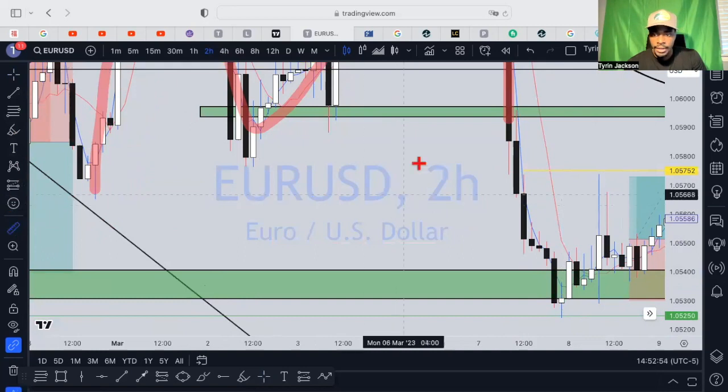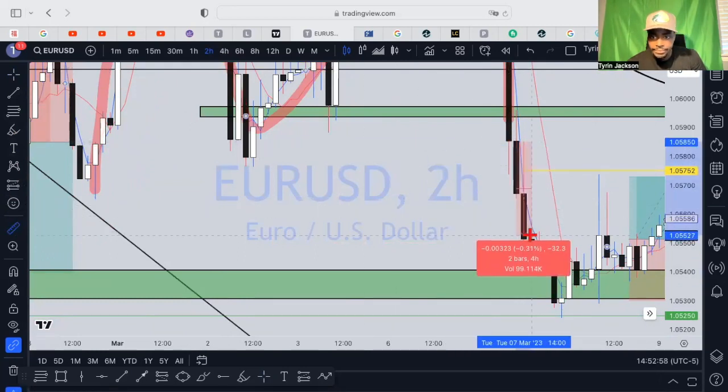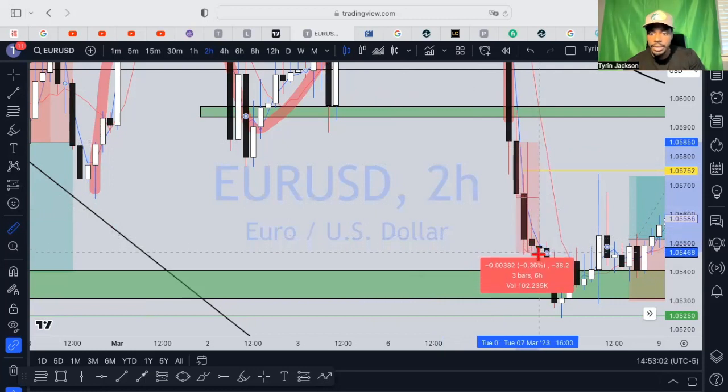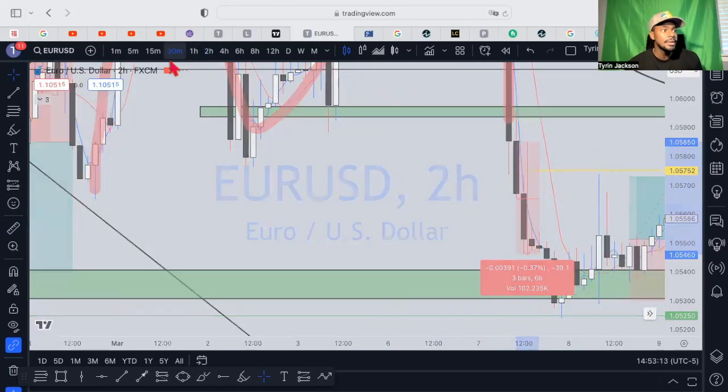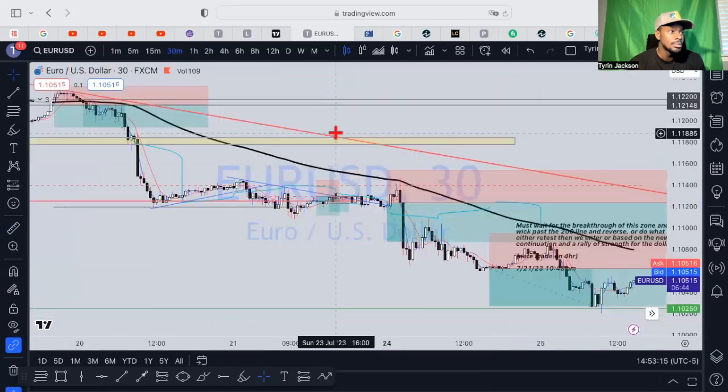But if I would have decided to wait only 4 to 6 hours, 36 pips, that's still a good trade, depending on what you look for in a day. And again, this is a 2-hour time frame, so there could have been multiple moves within this trade alone that could have got you much more money or many more pips.